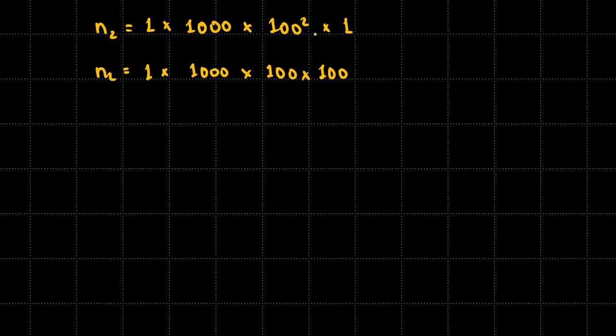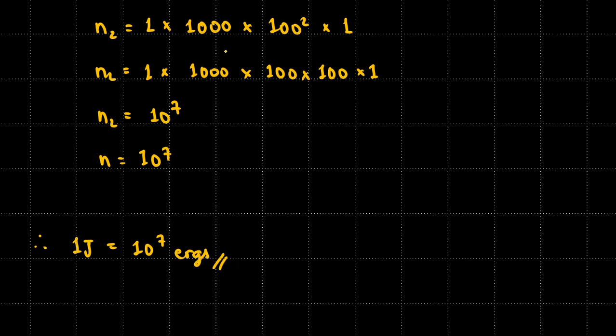So when squaring, the number of zeros just becomes double. So here N2 will be 1 followed by zeros. Let's count the number of zeros: 1, 2, 3, 4, 5, 6, 7. So we can write this as 10 to the power 7. N2 is n, so n is 10 to the power 7. So finally we can write 1 joule as 10 to the power 7 ergs.